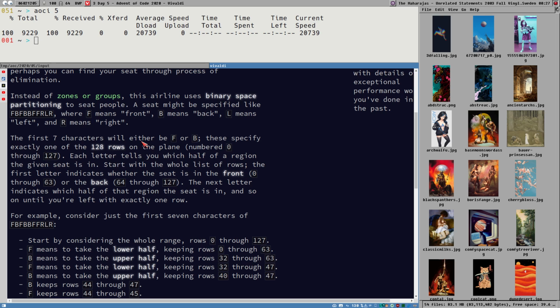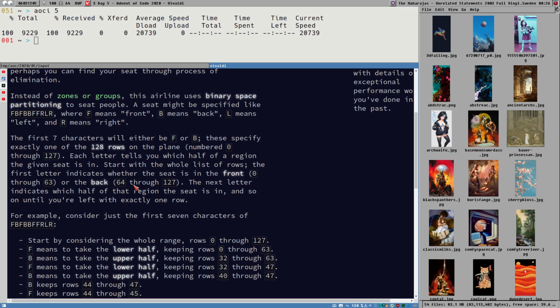The first 7 characters will either be F or B. These specify exactly one of the 128 rows on the plane, numbered 0 through 127. Each letter tells you which half of a region. Okay, I get it. Start with the whole list of rows. The first letter indicates whether the seat is in the front row, 0 to 63, or back.